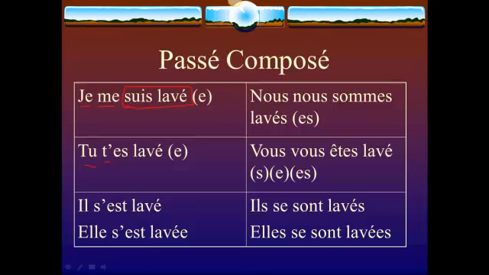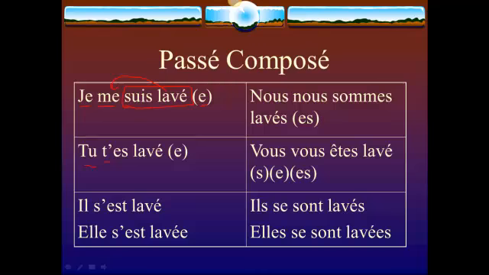The next important thing is that, just like those verbs conjugated with être, for example the verbs of motion, going up, going down, going out, coming in, the past participle agrees with the subject. In this case, the past participle actually agrees with the preceding reflexive pronoun.